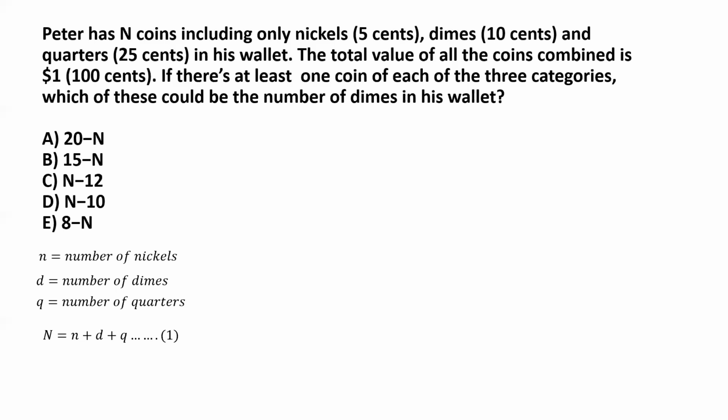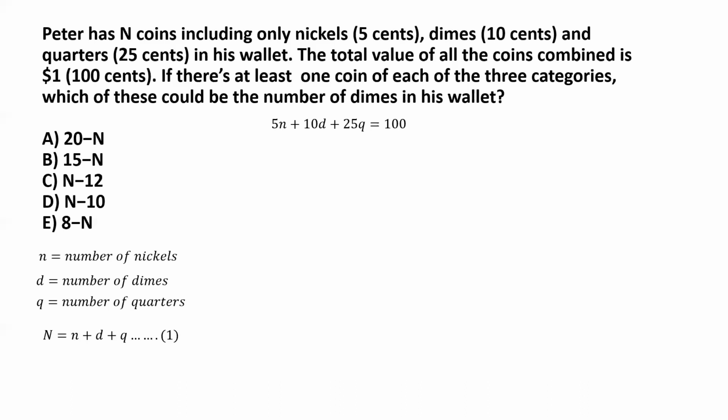The next equation comes from the statement in this problem that the total value of all the coins combined is $1. Well, if you have n nickels and each nickel is worth 5 cents, then the total value of n nickels will be 5n cents. Similarly, the total value of d dimes will be 10d cents, and the total value of q quarters, where each quarter is equal to 25 cents, will be 25q.